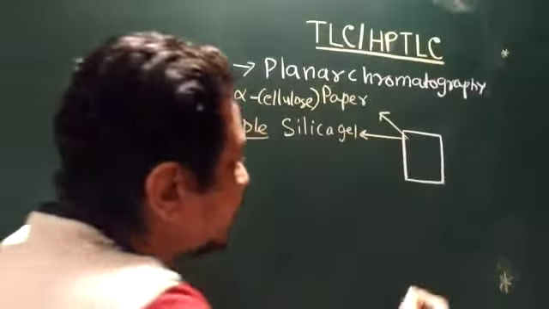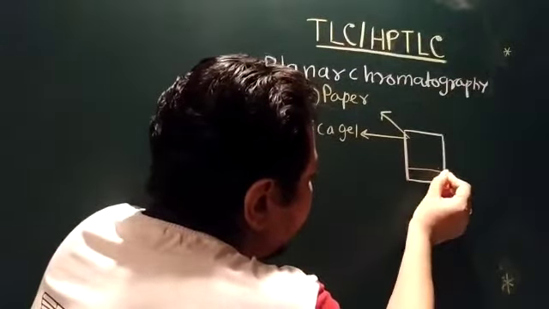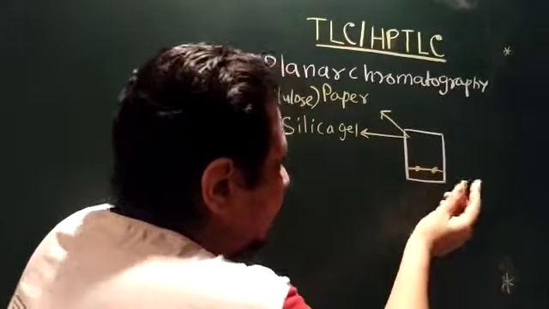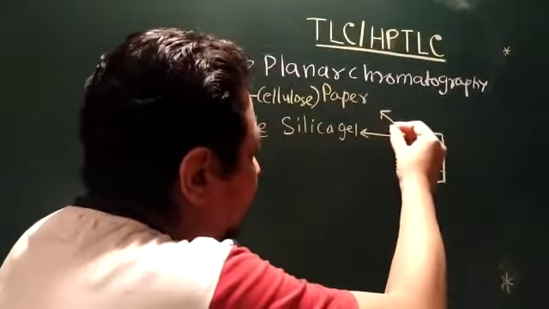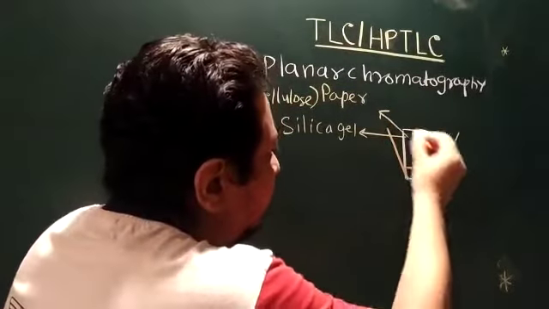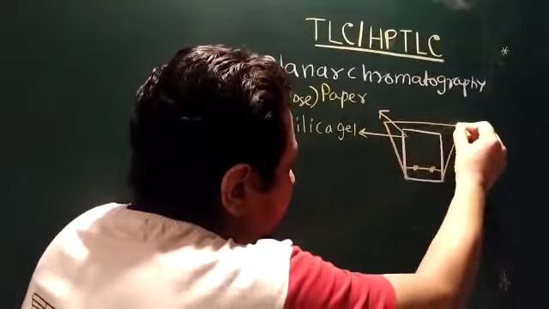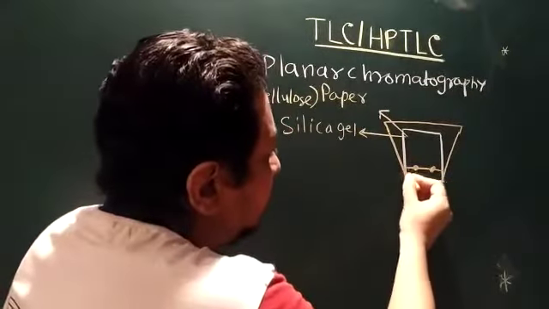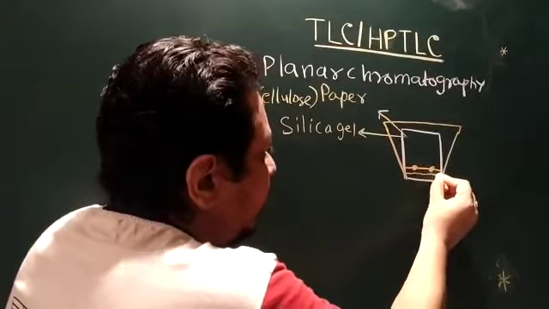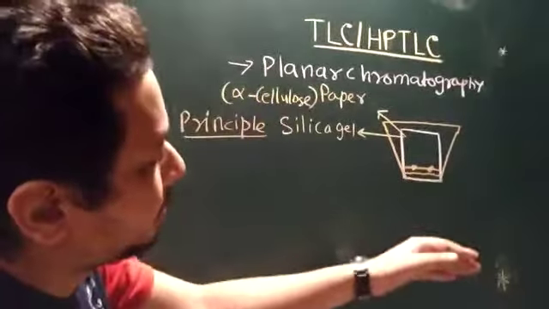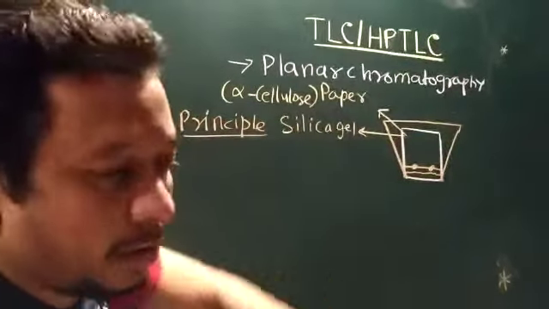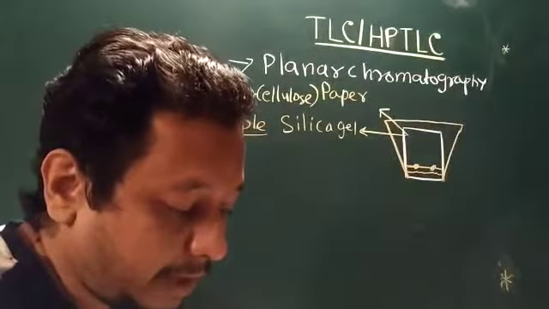via capillary action. So that means somewhere over here, if we are applying our sample, then we'll be keeping them in a chamber, okay, developing chamber, and this is your mobile phase. Now the moment you are keeping the plate in the chamber, the mobile phase is going to be drawn up with the help of capillary action.